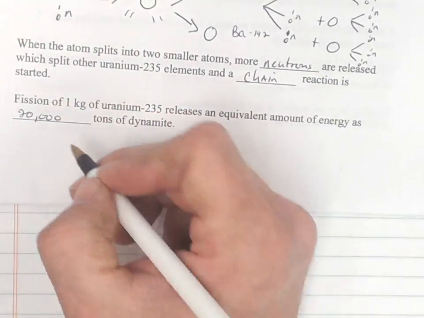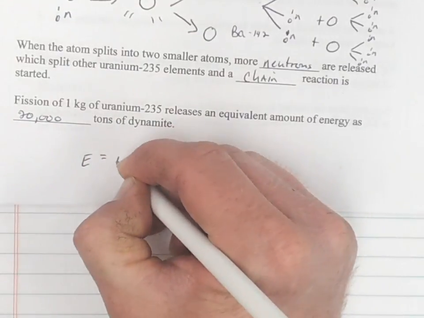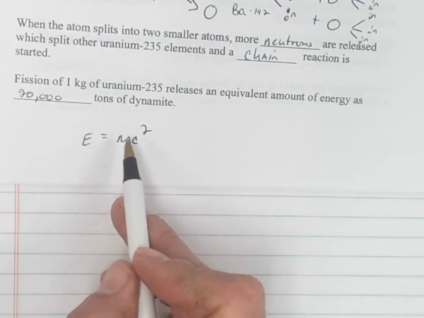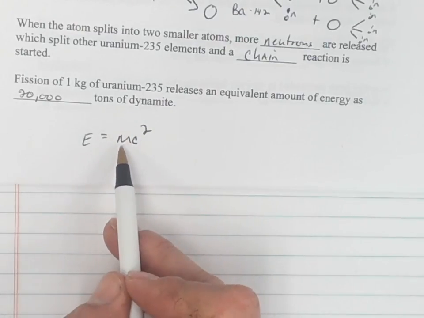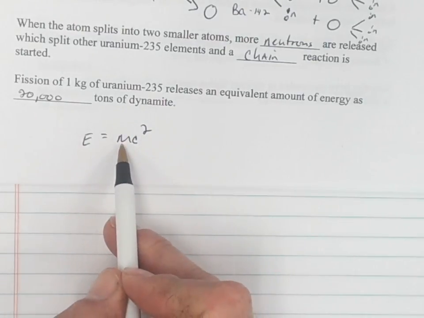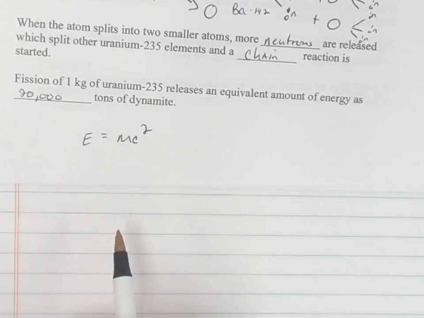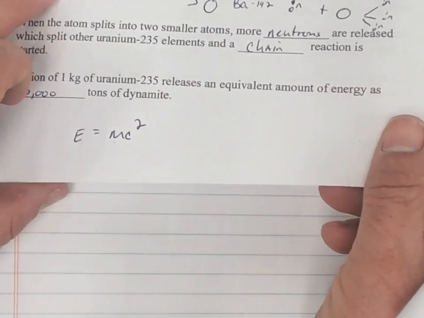For this, the equation that you don't need to know, but just so that you're understanding where the energy is coming from, Einstein showed that mass can get converted into energy in a nuclear reaction. And so that's where the energy comes from when you have nuclear fission occurring.